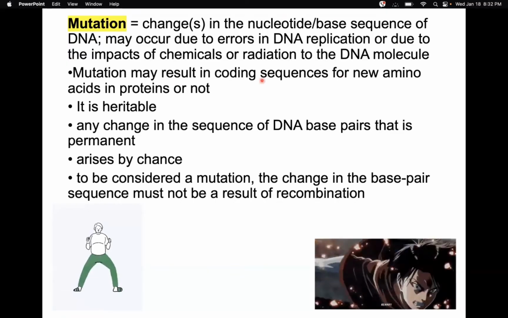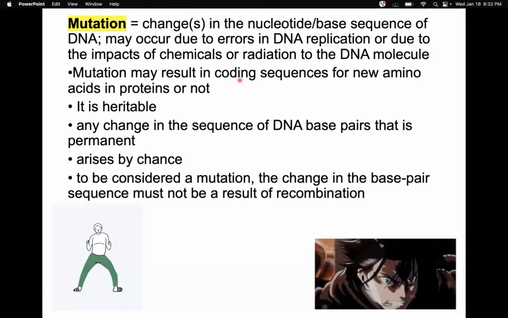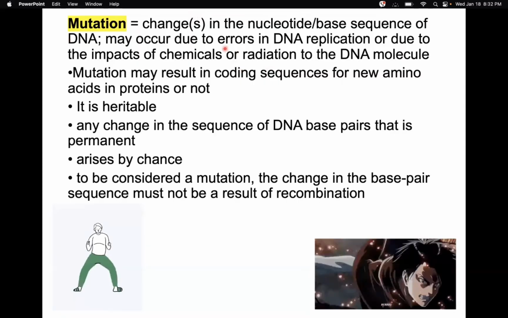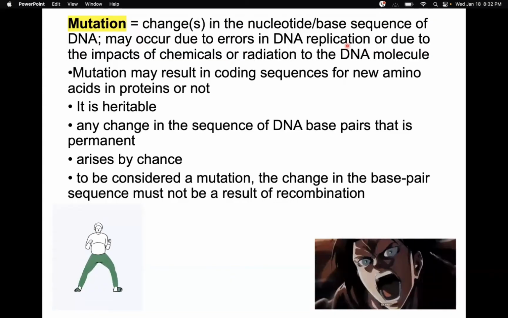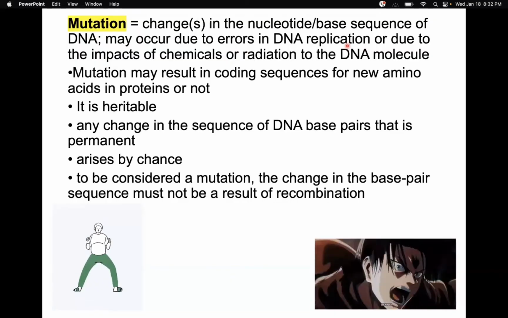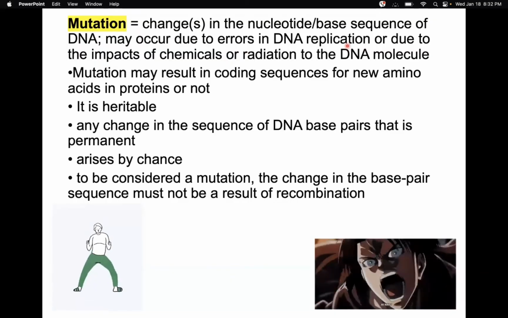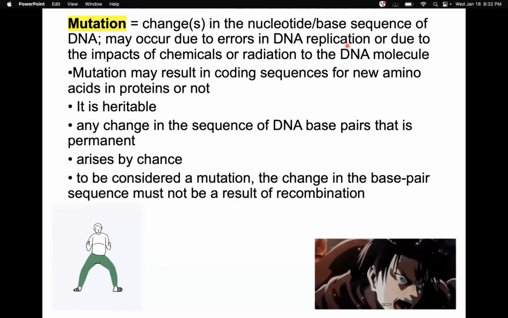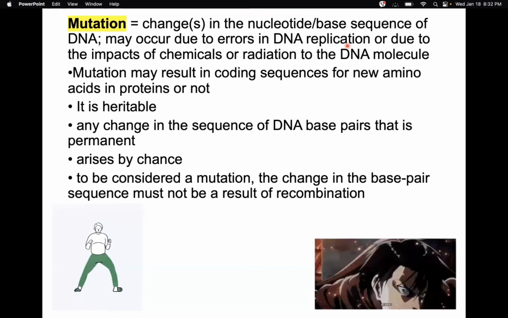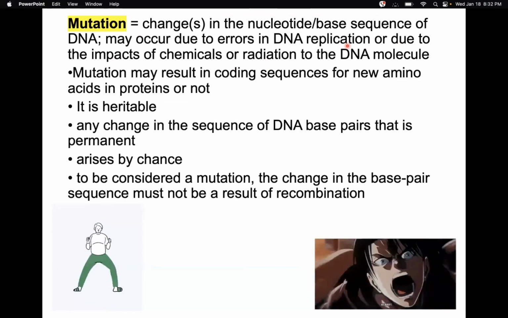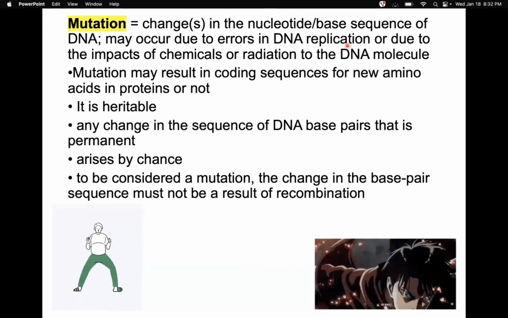So, our mutations can be due to errors in DNA replication, like what I mentioned during period 1. Our DNA goes through a series of replication, and during that replication, at some point in time, an error occurs. Sometimes it is a random error.